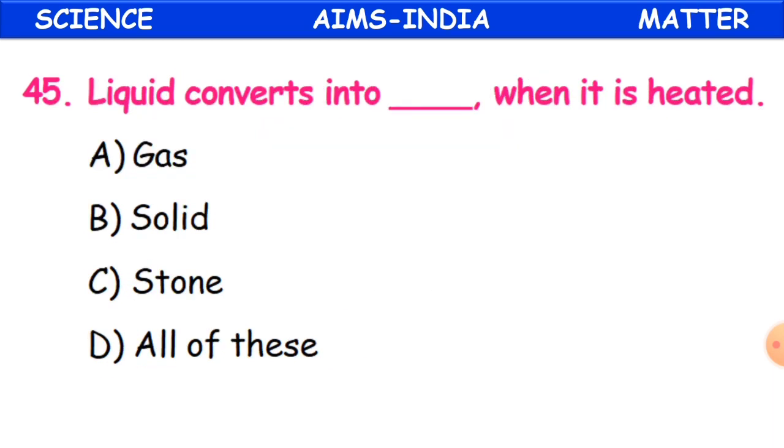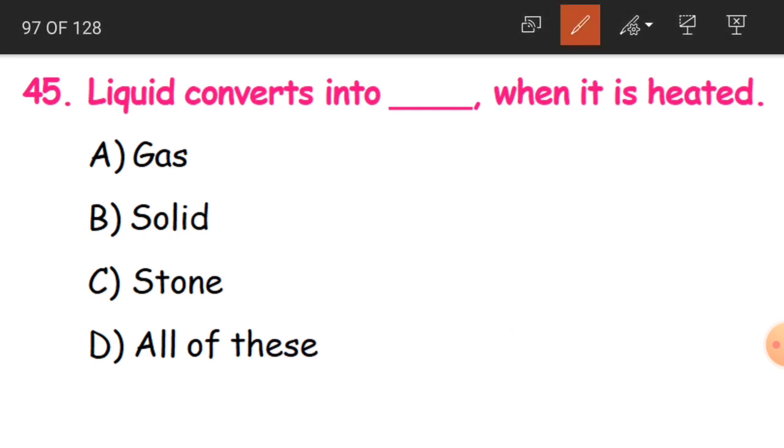45th question. Liquid converts into dash when it is heated. Okay. So gas, solid, stone, all of these. So what happens, children?